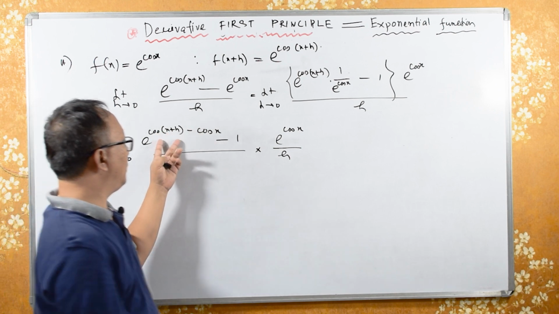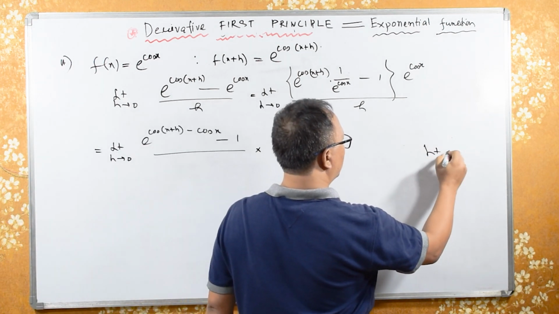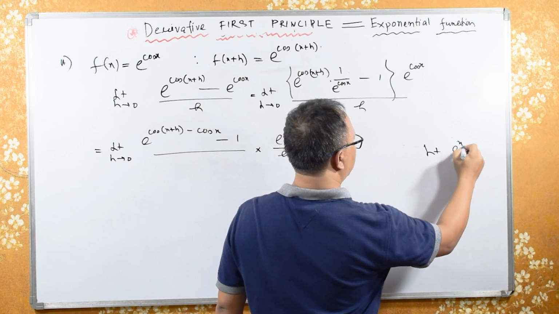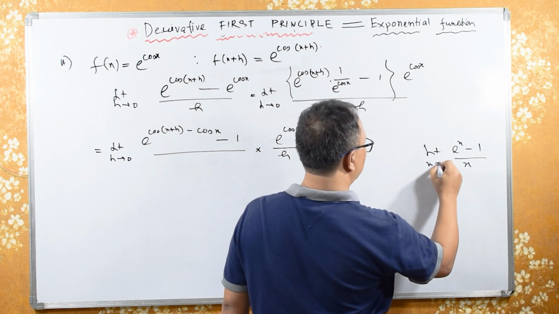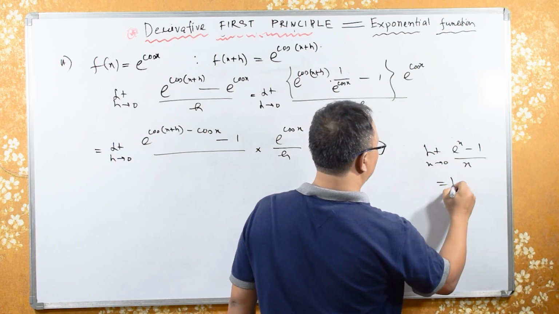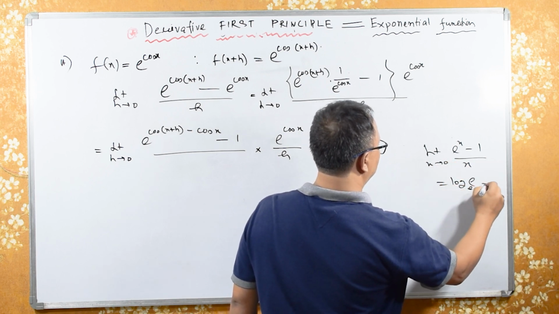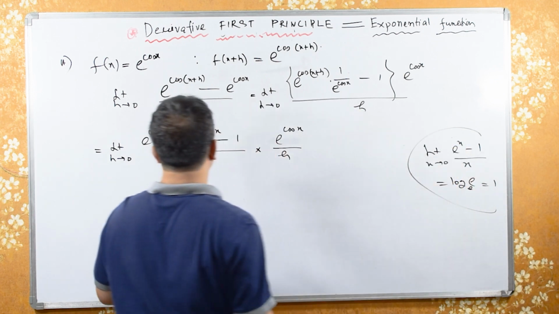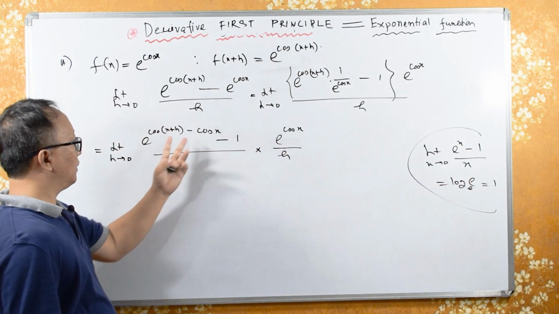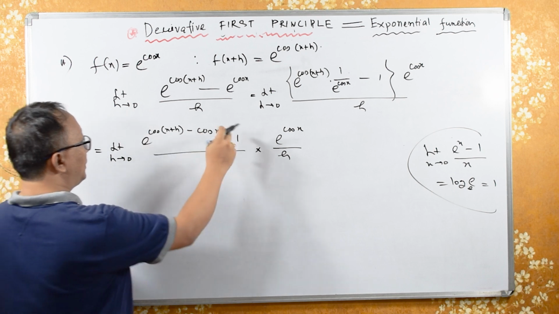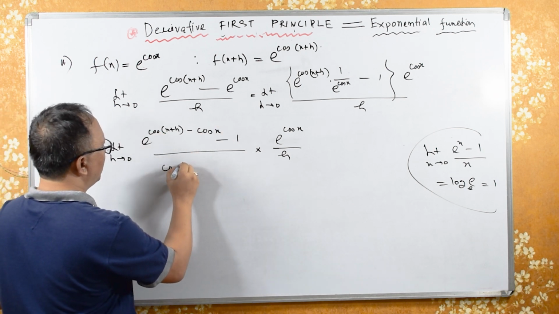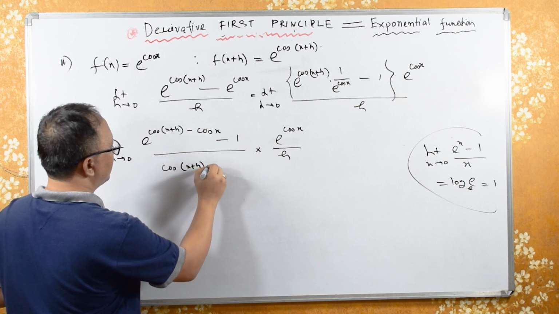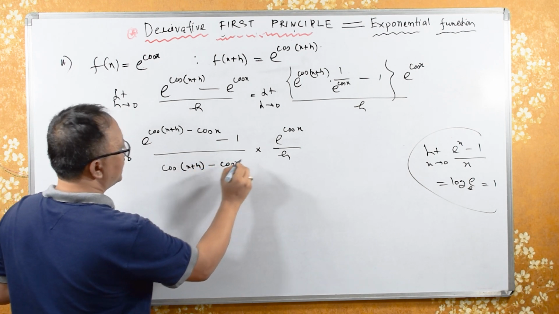Now we have limit of e raised to x minus 1 upon x, where x tends to 0, is log e to the base e, which means it is 1. So this we need, the whole term, so cos of x plus h minus cos x we need.